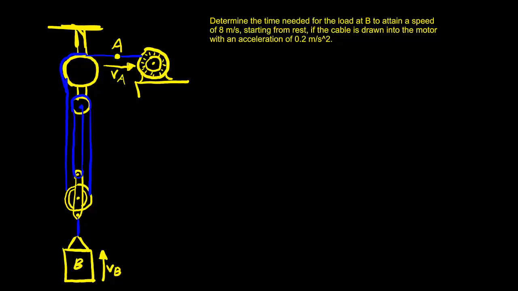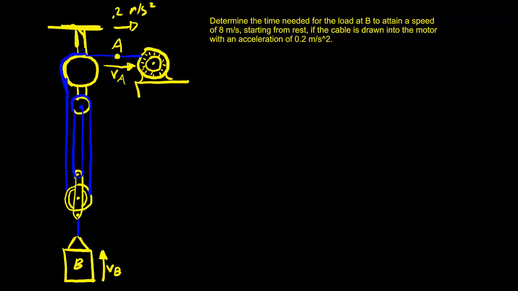It's our job to determine the time needed for the load at B to attain a speed of 8 meters per second starting from rest, if the cable is drawn into the motor with an acceleration of 0.2 meters per second squared. Okay, so we're going to say that this is 0.2 meters per second squared.